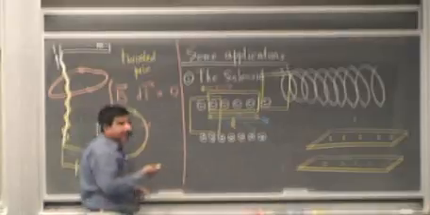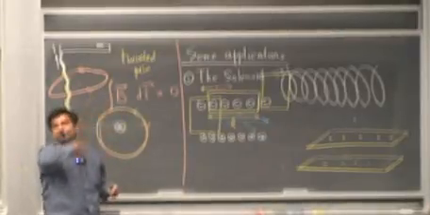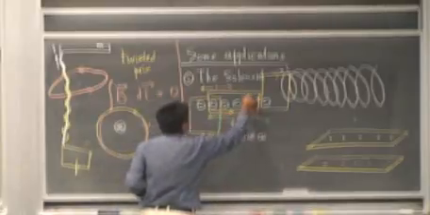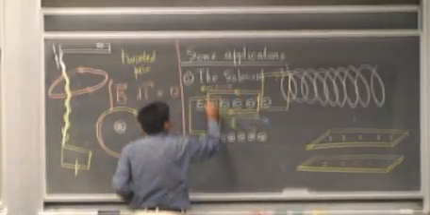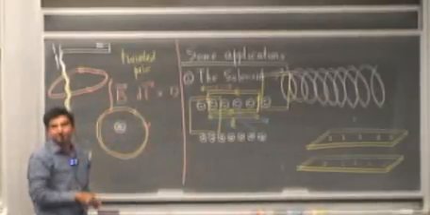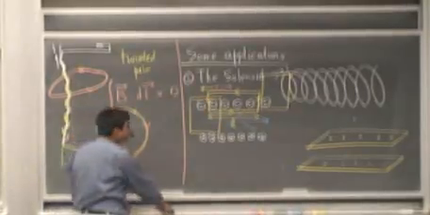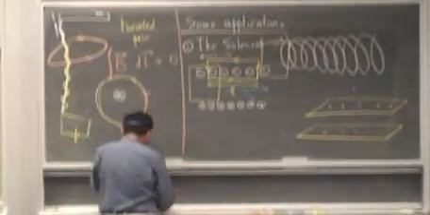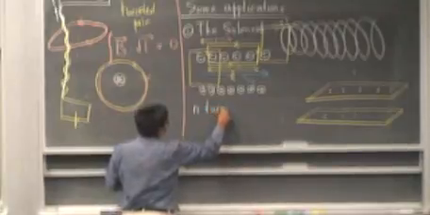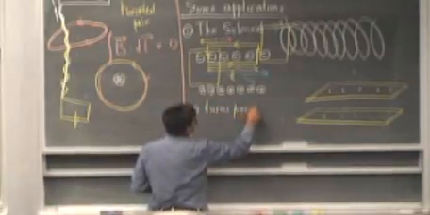Now, we have to identify a direction in which we move around this path. So this is the direction. Okay? So we move counterclockwise. Now suppose this solenoid is constructed such that there are small n turns per unit length.